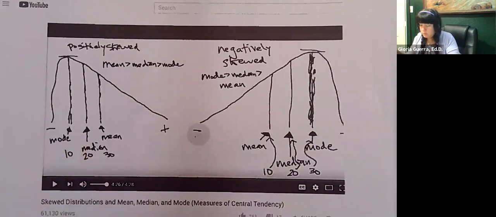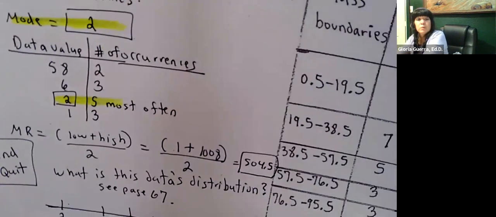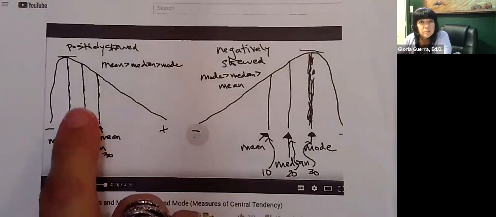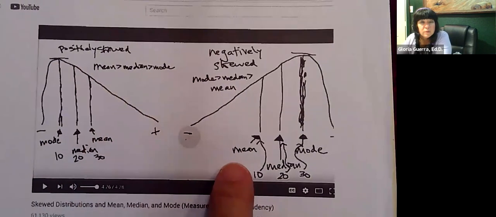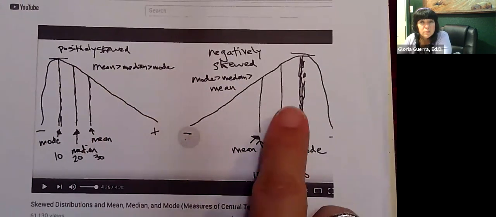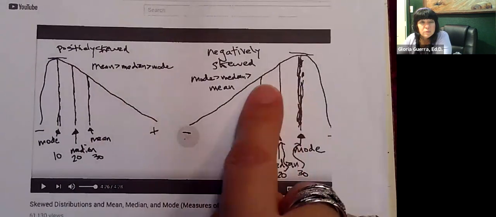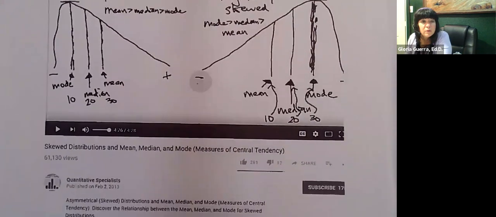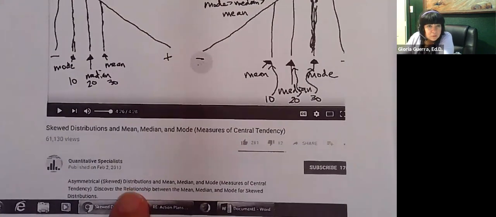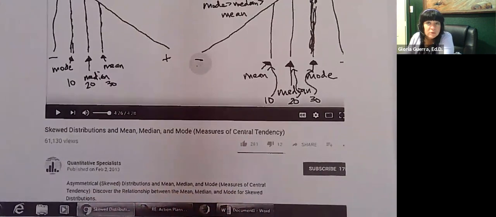It was mode, median, and mean. See that? Positive skewed, right skewed. Then this one, mean, median, mode, negatively skewed. They agree. So this is out there to discuss the relationship between the mean, median, and mode, and that's what this is doing.